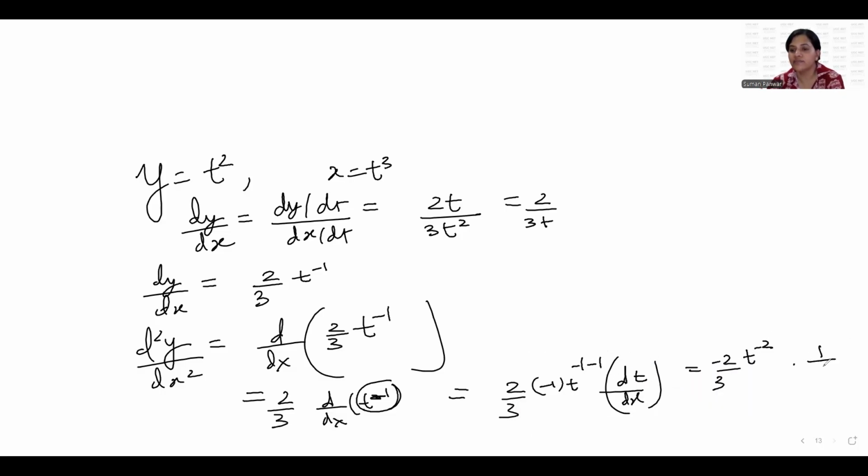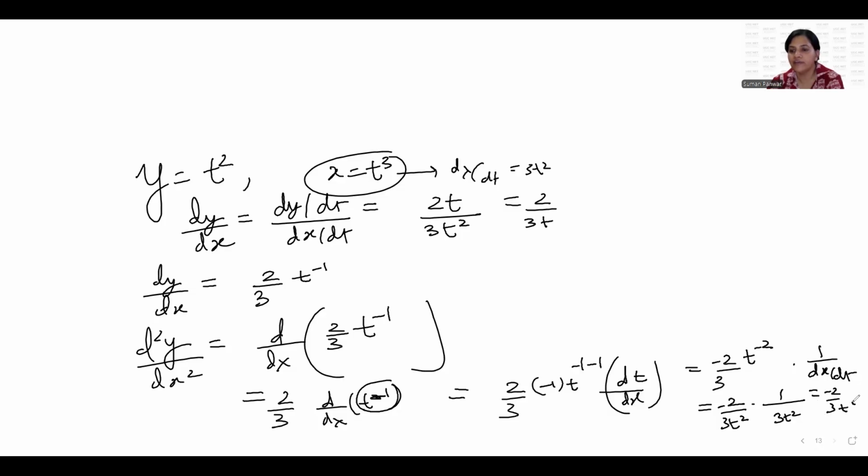What is dt by dx? 1 upon dx by dt. So minus 2 by 3, t square will come in the denominator, 1 upon dx by dt. What is your dx by dt? That is 3t square. So that is minus 2 by 3t4.